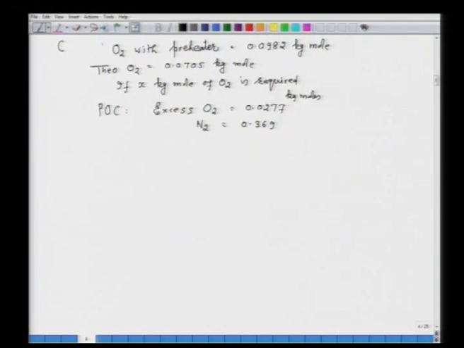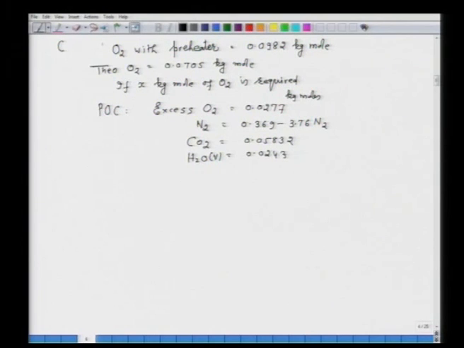Now, I am requiring x kg mole of oxygen. So, correspondingly nitrogen will be 3.76 x, nitrogen will decrease. Now, CO2 is equal to same, 0.05832, H2O vapor will also be same, that will be equal to 0.0243.